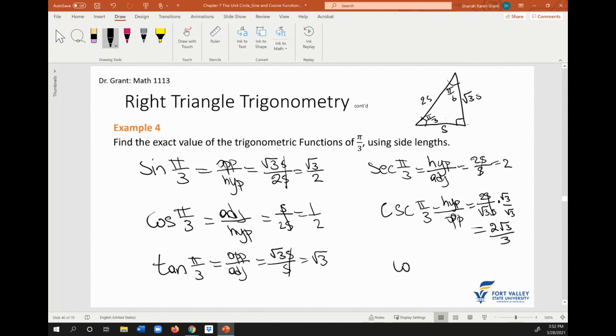And then the last one, cotangent of pi over 3 equals adjacent over opposite, which is S divided by root 3 S. Of course, they cancel. We multiply by root 3 over 3. And so this becomes root 3 over 3.